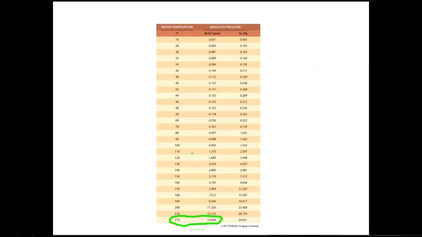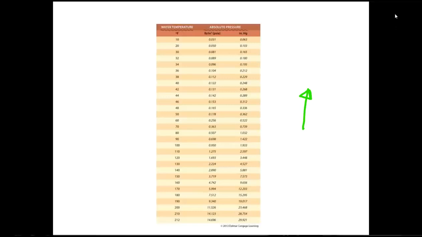Now, let's say we reduce that atmospheric pressure and we put the water into somewhat of a vacuum. We can change the state of that water at 70 degrees Fahrenheit. And the same thing happens if you increase the pressure, and it increases the temperature that the water changes state.